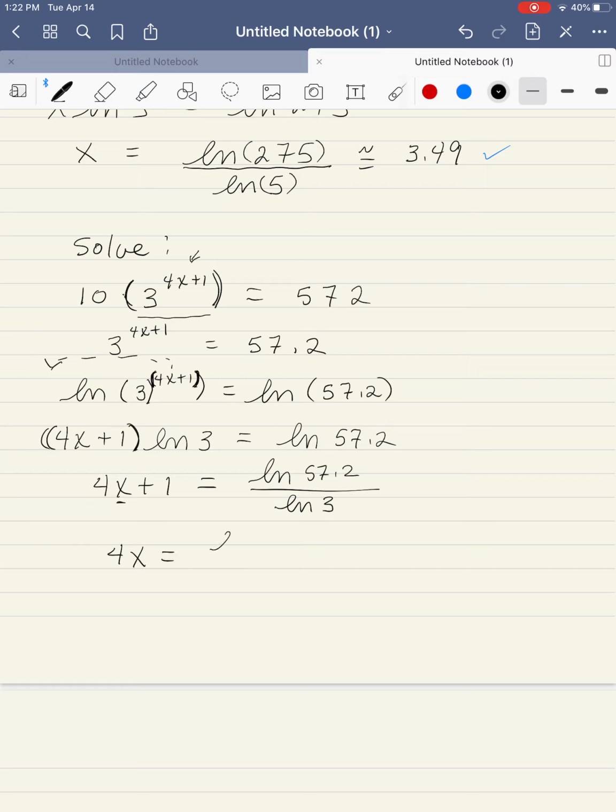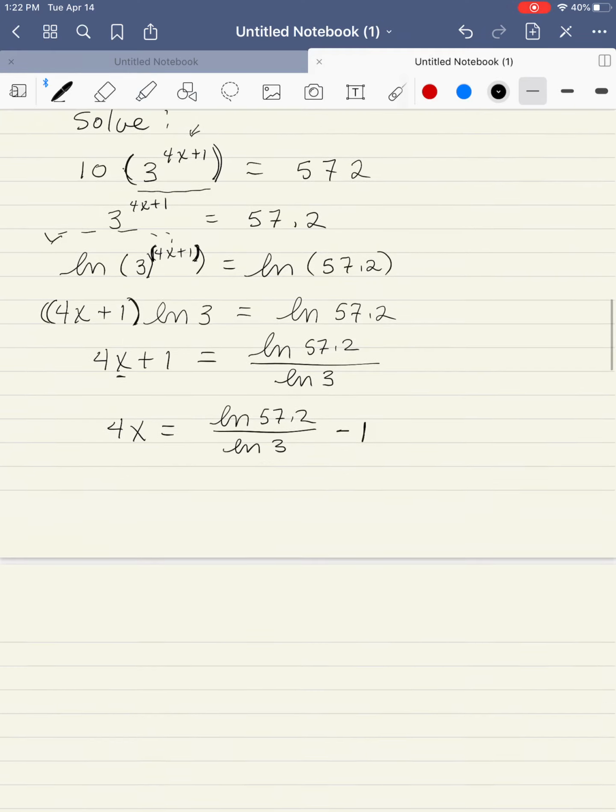Now I'm still trying to isolate x, so I subtract 1. And then now I can divide that whole thing by 4.